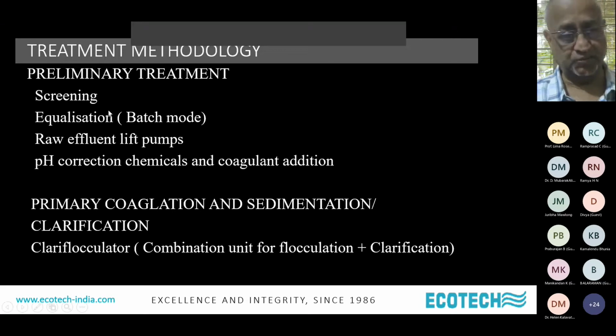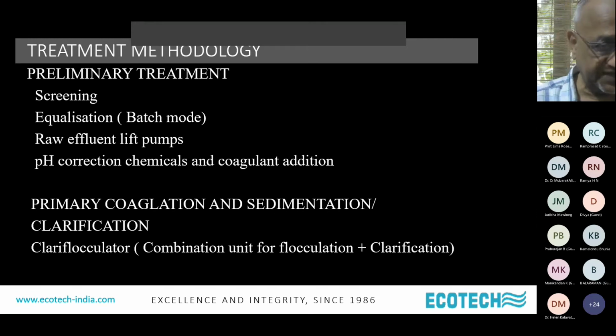Equalization. This is an important thing. In a textile industry, it is prudent to have an equalization which is done in batch mode. By batch mode, I mean we have 2 equalization tanks, and therefore we run it in a fill and draw mode.